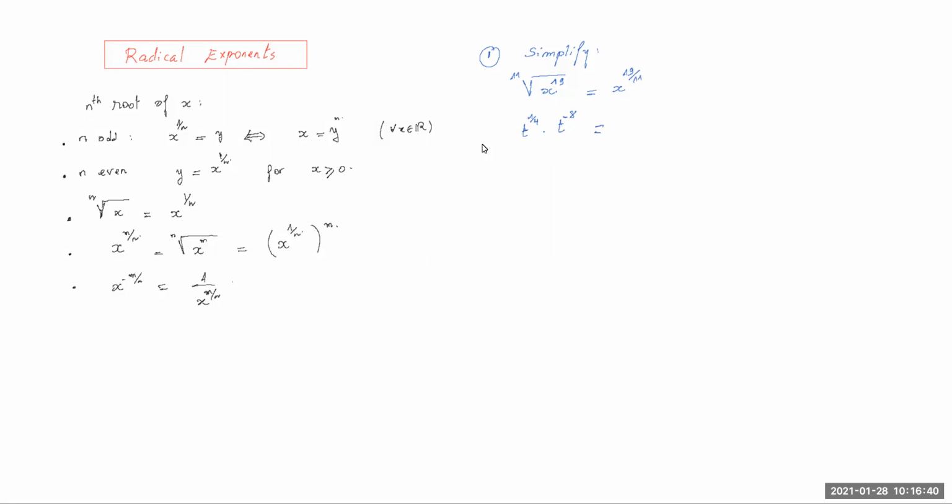I know the operations are the same, so I add the powers and calculate: 1/4 minus 32/4, which is t^(-31/4).